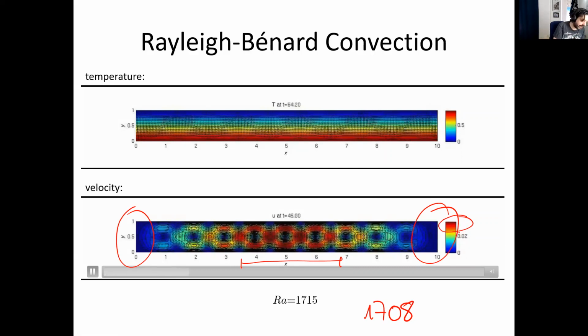So that means there's clearly an instability present. The flow is not going to decay to zero. There is something happening. That means this one is actually unstable. So at a Rayleigh number of 1715, we are unstable.